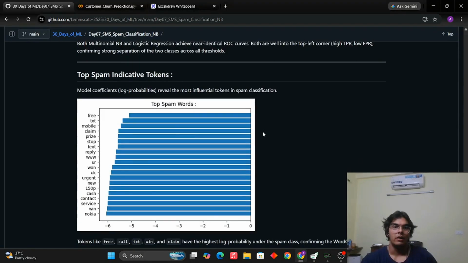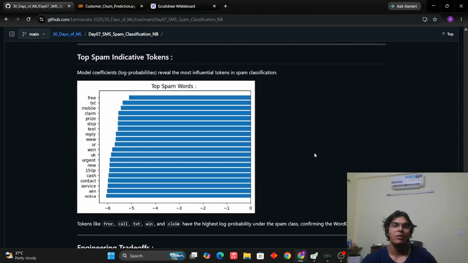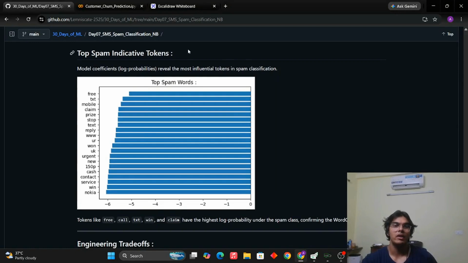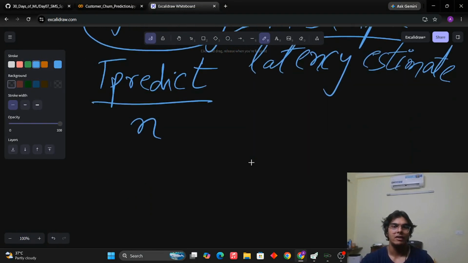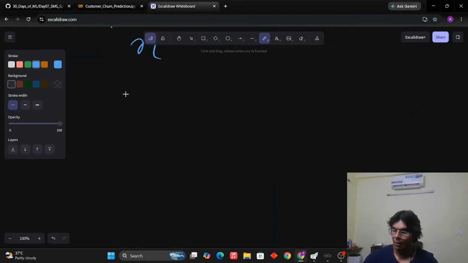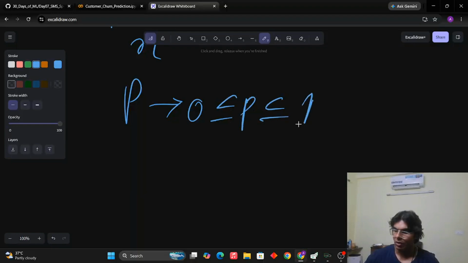This is another visualization that you can see. We have plotted the top spam words and their log probability values. These values right here are negative because they are not probability values, they are log probability values. So let's say we were getting some probability values anywhere between 0 and 1. Let's say we got a value of 0.5.